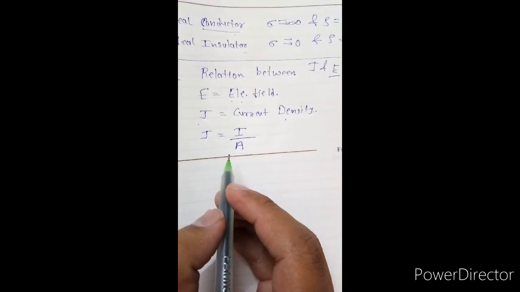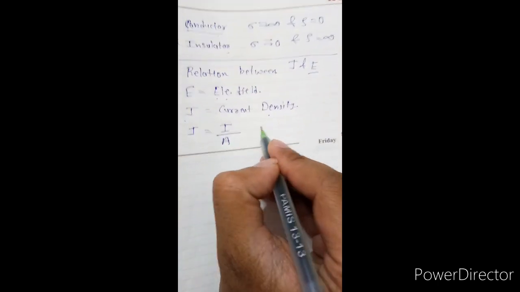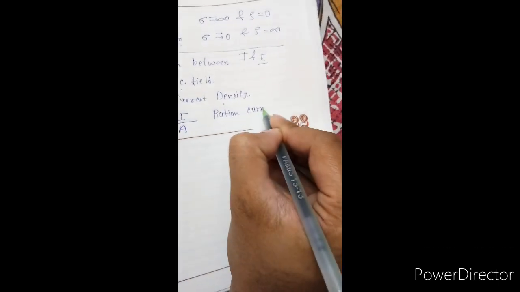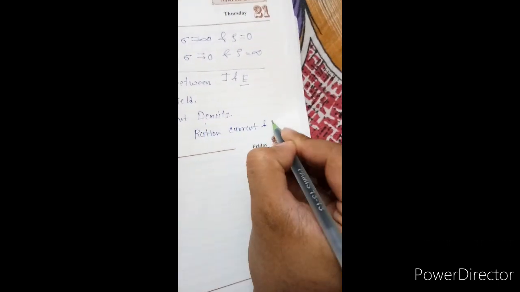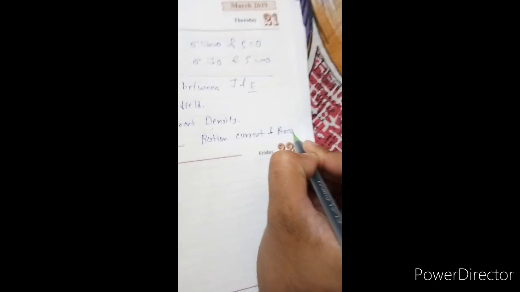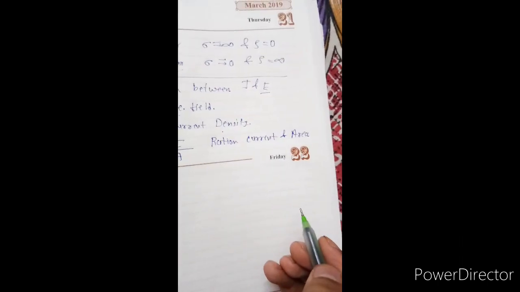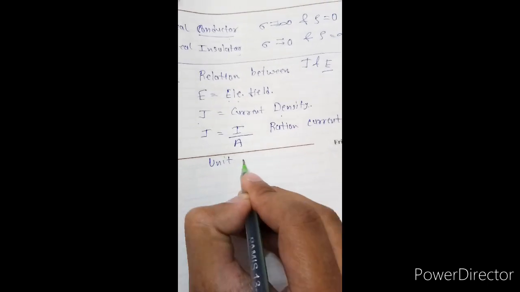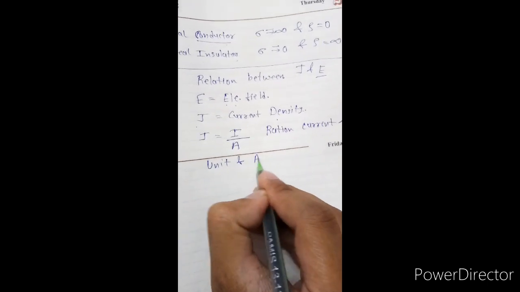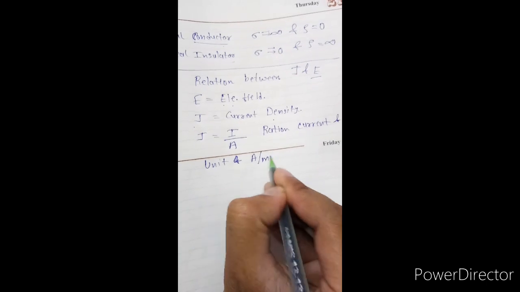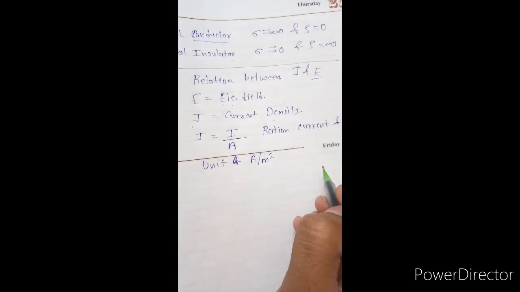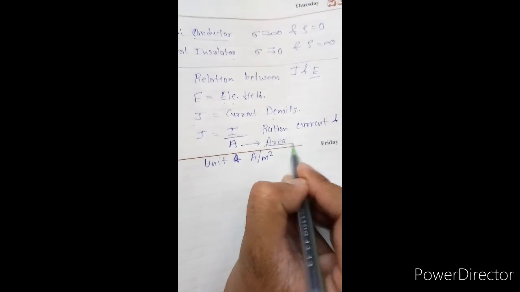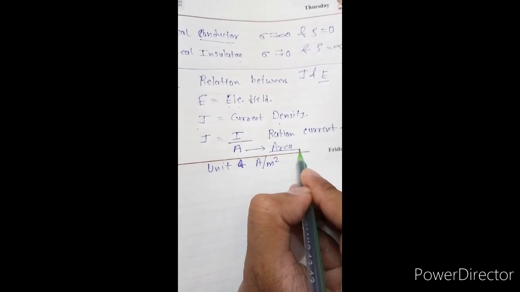So you can define the current density as the ratio of current and area of the material. Unit of current density is ampere per meter square. Here A stands for area, not the unit ampere.